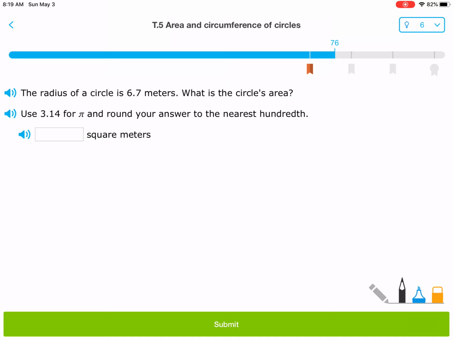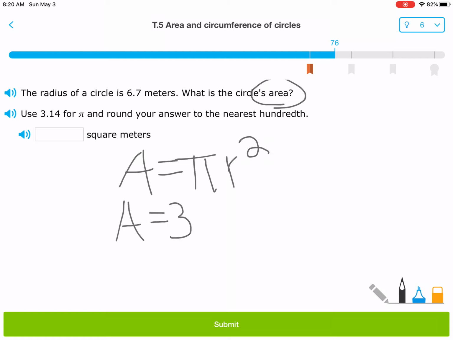The radius of the circle is 6.7 meters. What is the area? So area equals pi times the radius squared. So area equals 3.14 times 6.7 squared.